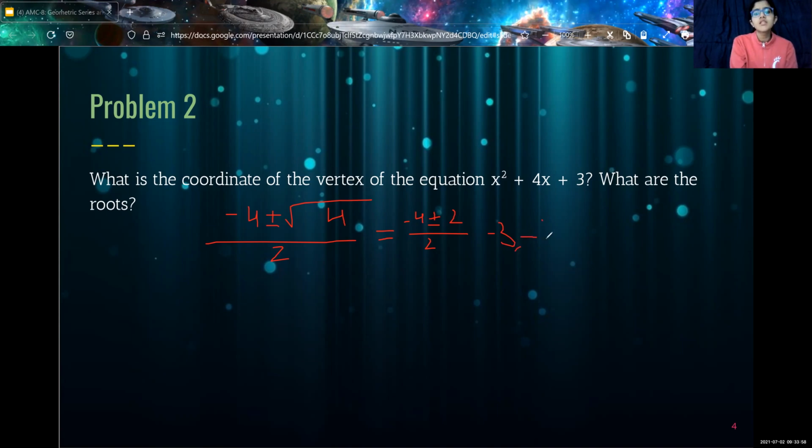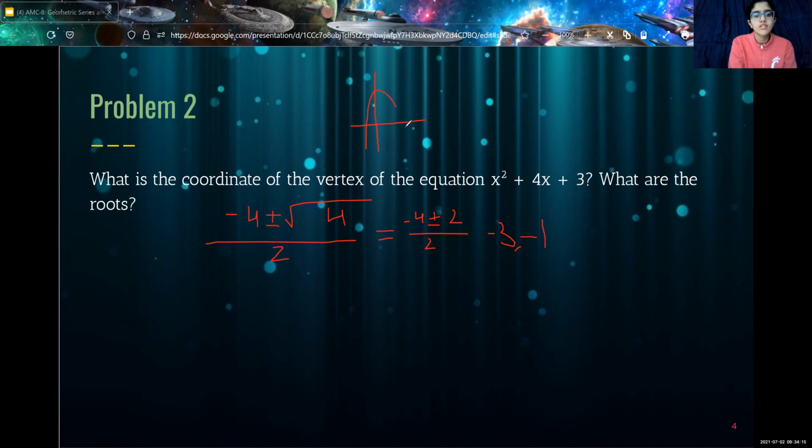Now, the way for us to find the vertex of the equation is to find the x value that's halfway between the roots and then plug that into the equation. Let me just draw a graph quickly, right?